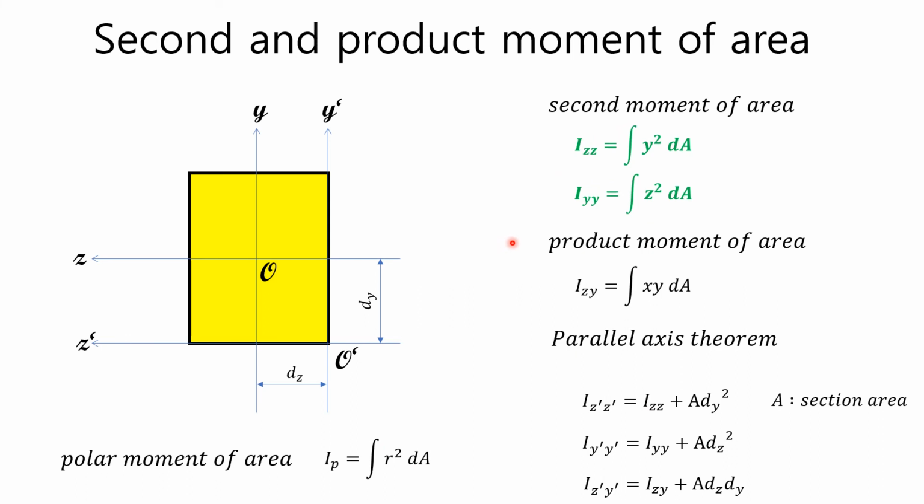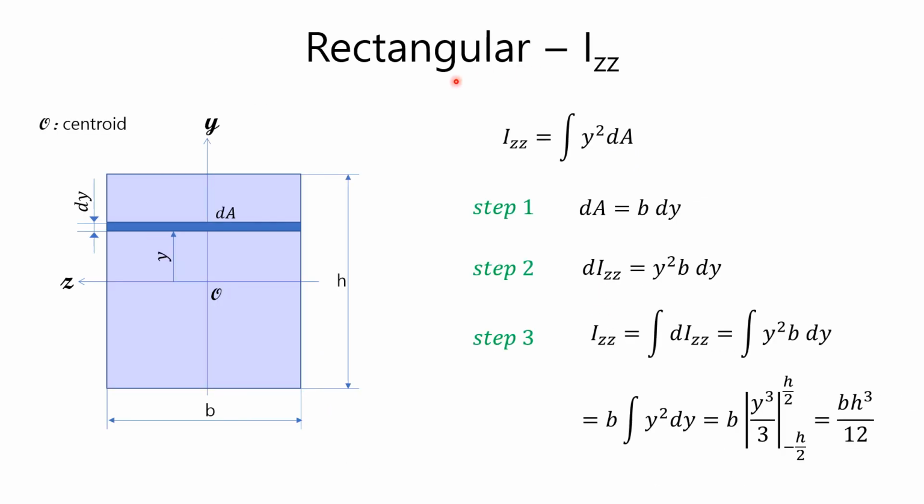Here we have basic equations for calculating the second, the product, and the polar moment of area. Let's start with the second moment of area, Izz and Iyy first. The others will be explained in the upcoming videos. Let's calculate the second moment of area for a rectangle.